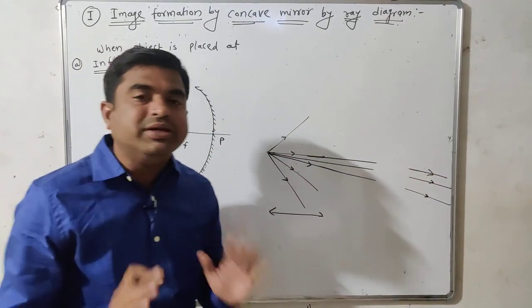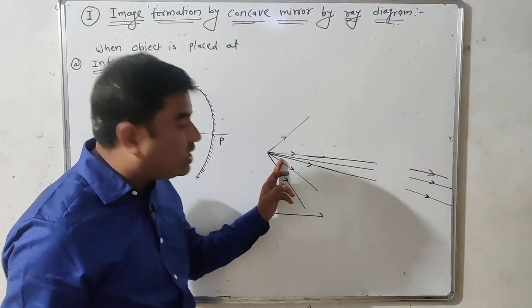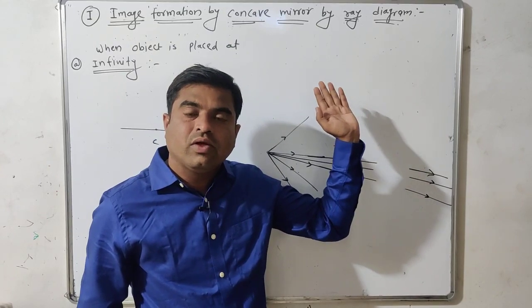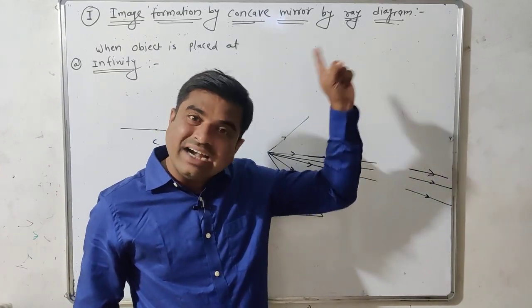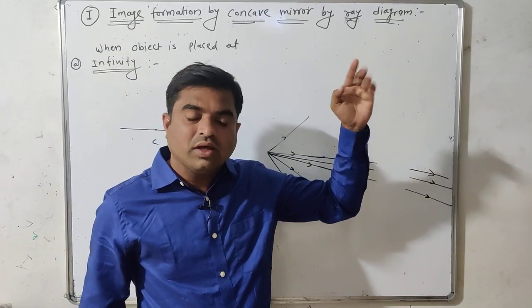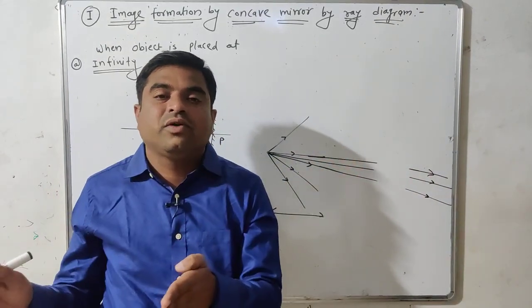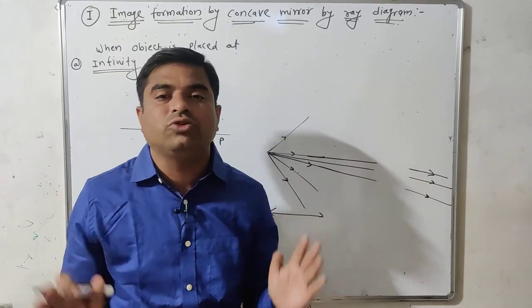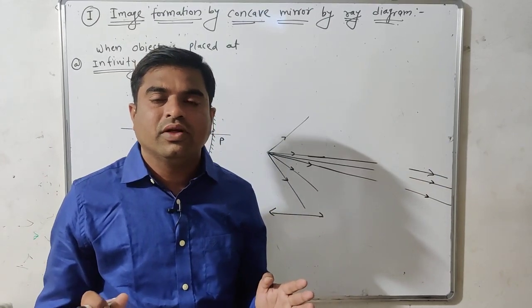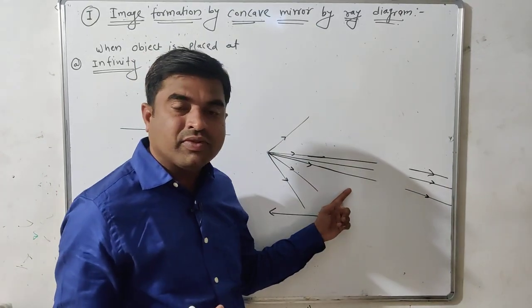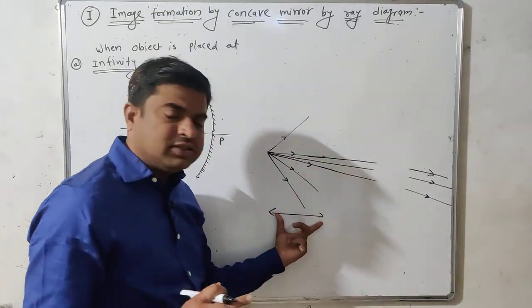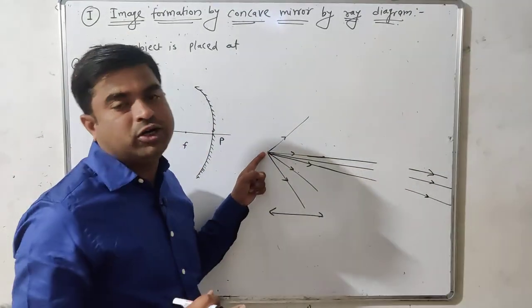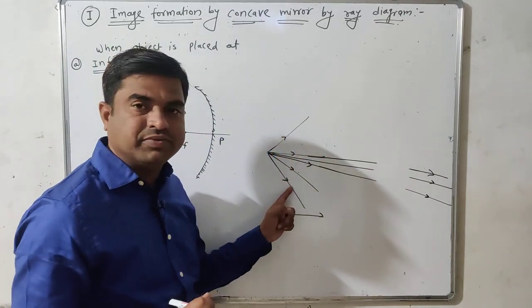Got it? That means if an object is located at infinity, all the rays emitted by that object become parallel when they approach the spherical mirror or any optical instrument. Do you understand my point? Up to a finite or shorter distance, all the rays emitted by these point objects are found to be diverging.